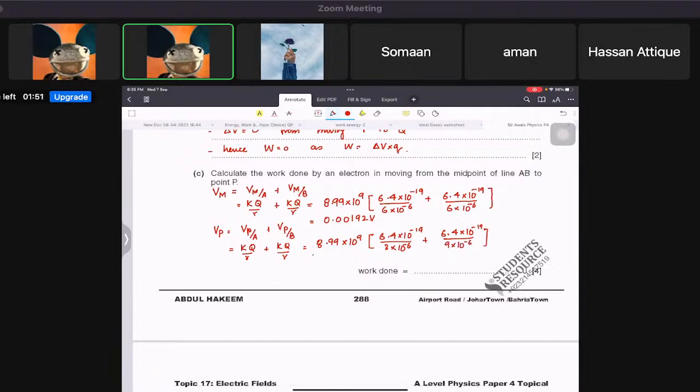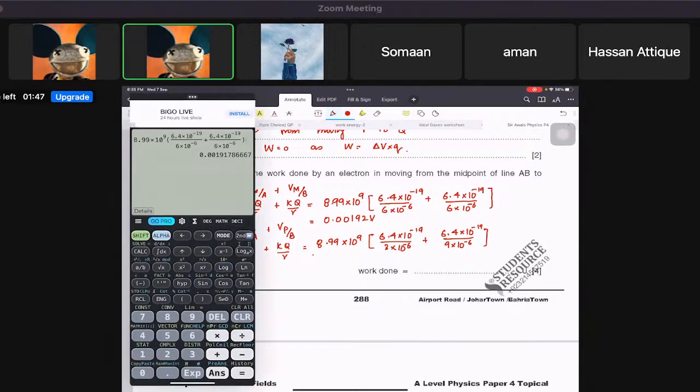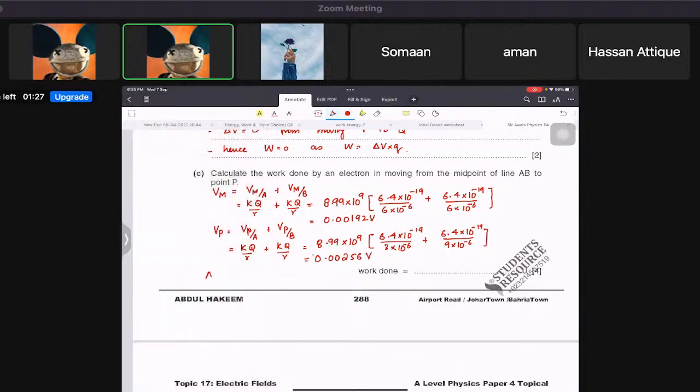So now let's try and find this. I'm going to use the same calculation. I'm going to just change this to 3 and this to 9. Nothing else really changes, right? So this would give me 0.00256 volts. Then what you're going to do is find the change in potential. Always do larger minus smaller, because this is a scalar quantity.